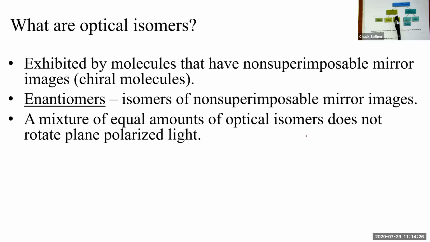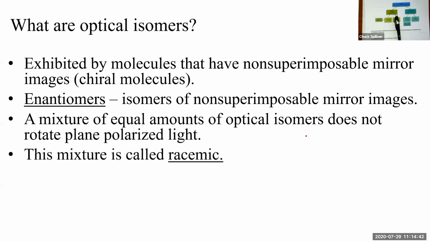The crystal of one enantiomer is a mirror image of the crystal of the other enantiomer. So the crystal structures actually represent the molecular structure, this mirror image relationship between the isomers. An equal amount mixture is called a racemic mixture. This is another term, and we'll revisit these terms.